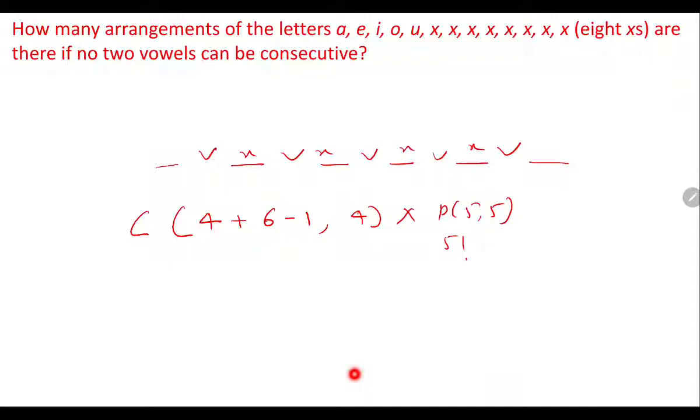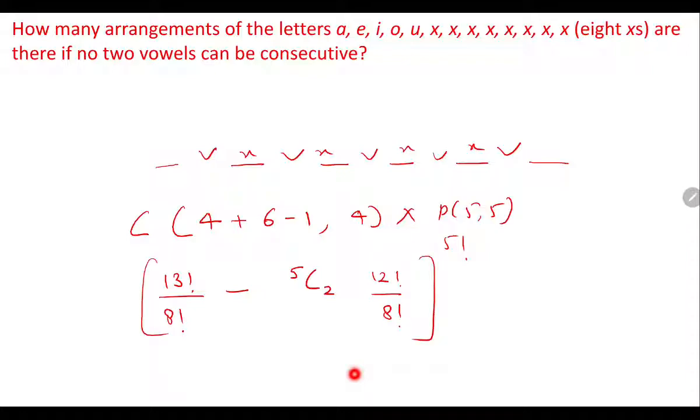Now in this case, someone may give another approach where a total of 13 letters are there, where 8 X's are similar. So total 13 factorial by 8 factorial possibilities, minus you take 2 vowels which are consecutive, so 5C2, because you choose 2 vowels out of 5, and you consider these 2 vowels as one letter. So now a total of 12 letters are there, divided by 8 factorial.